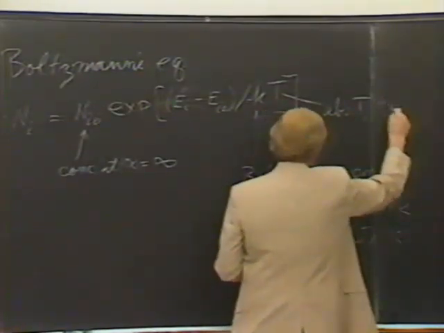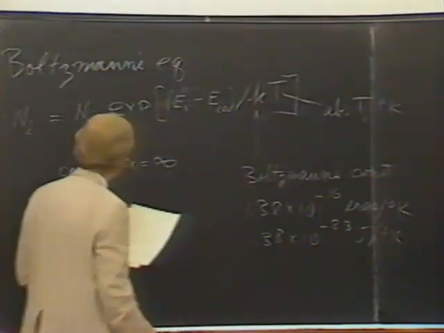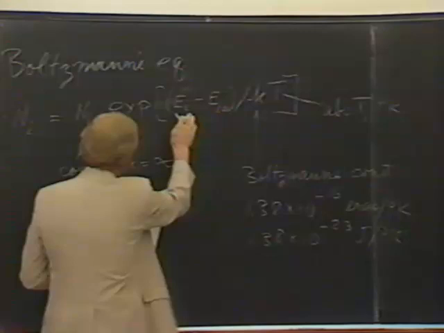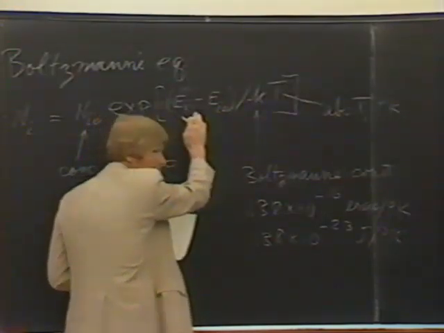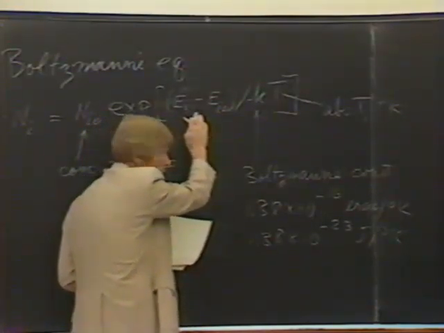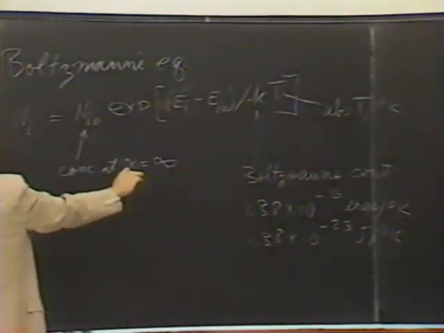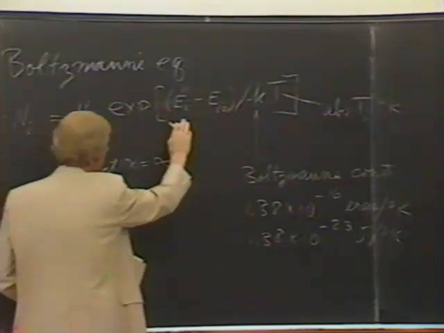So this is essentially the difference in energy between that at any point x from the surface of the clay mineral, divided by the average thermal energy of the ion.